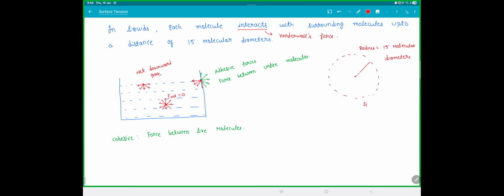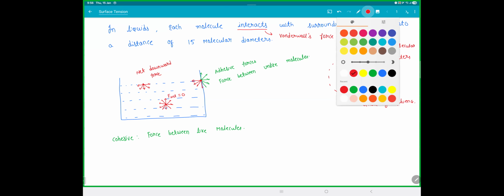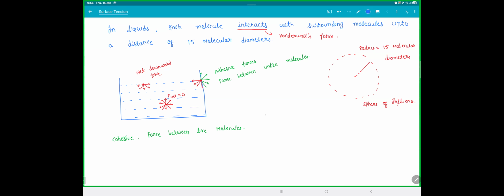This is called a sphere of influence. Like I said, you will interact with everyone in this sphere. So coming back to this, in the liquid, we have three different force profiles.